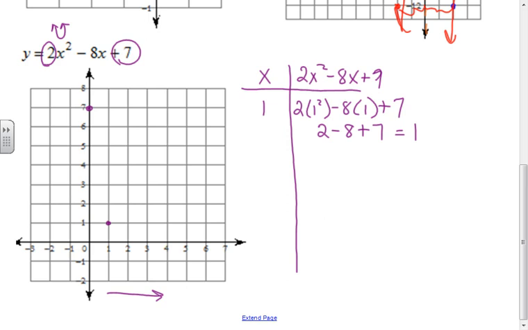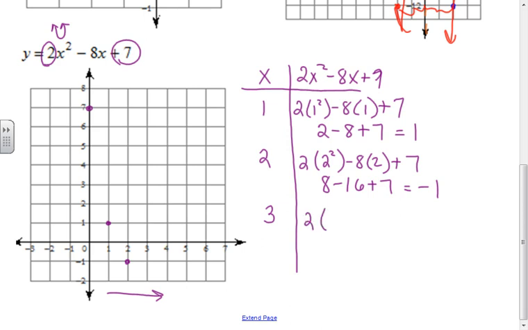I'm going to go ahead and put 2 in. If I have 2 times 2 squared minus 8 times 2 plus 7, 2 squared is 4, 4 times 2 is 8, 8 minus 16 plus 7. I'm at 15 and negative 1, I have negative 1. So at 2, I'm at negative 1. So then I put 3. I still haven't seen my pattern. I don't know if I'm going to go down more, if I'm going to turn and go back up.